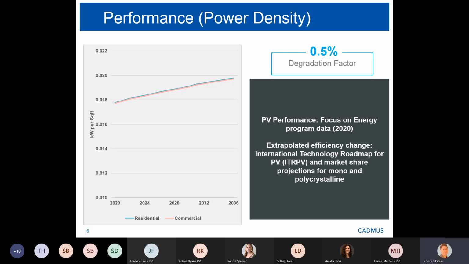And the degradation factor is 0.5%. That was a standard model input, and that aligns with what we frequently see elsewhere.